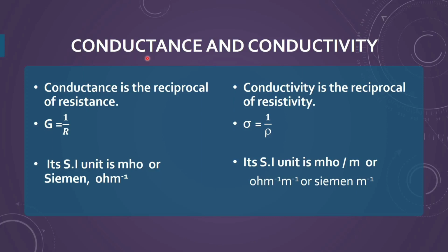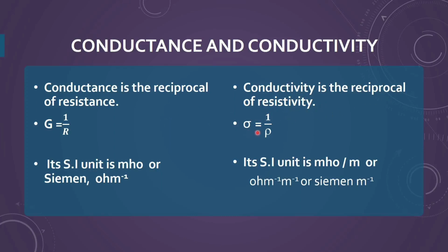Now, what is conductance and conductivity? Conductance is simply the reciprocal of resistance, which is denoted by a capital G, equal to 1 upon R, and the unit of R is ohm. So the unit of conductance can be ohm inverse, or it can be written as mho or Siemens. And conductivity is the reciprocal of resistivity.